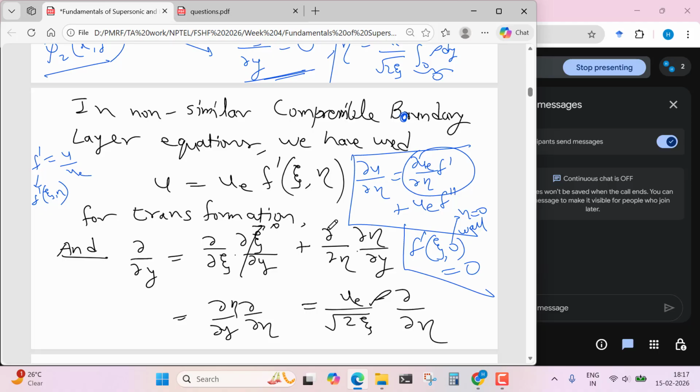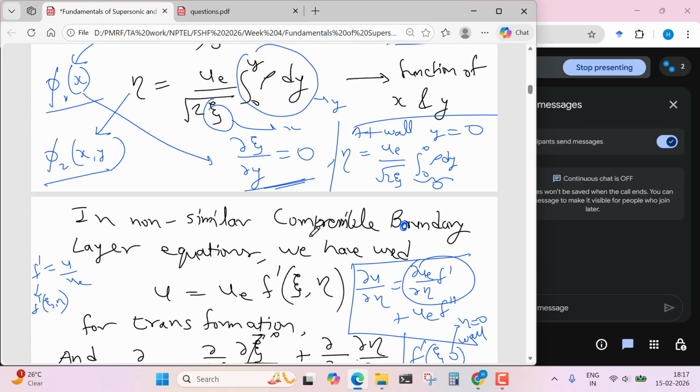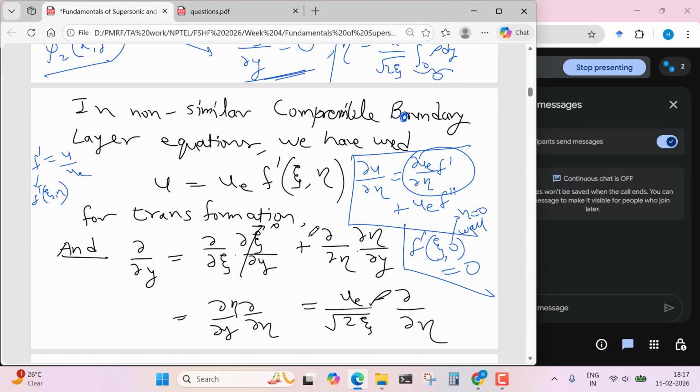What is left is dou by dou eta into dou eta by dou y. Now we have to find dou eta by dou y.